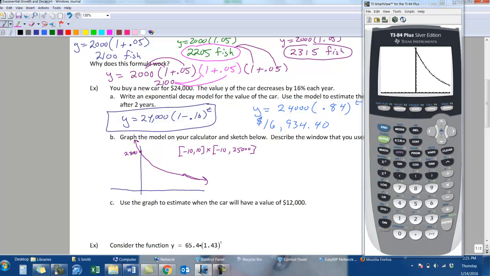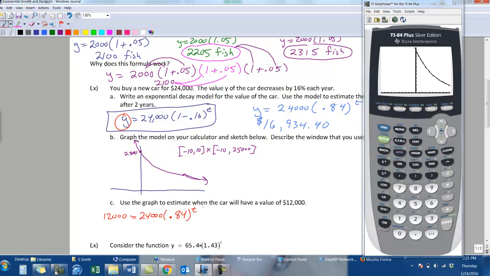Now, part C, it says use the graph to estimate when the car will be half the value of 12,000. All right, so in other words, 12,000, when is the value of the car? That's y. 12,000 is equal to our initial amount times 0.84 to the t power.